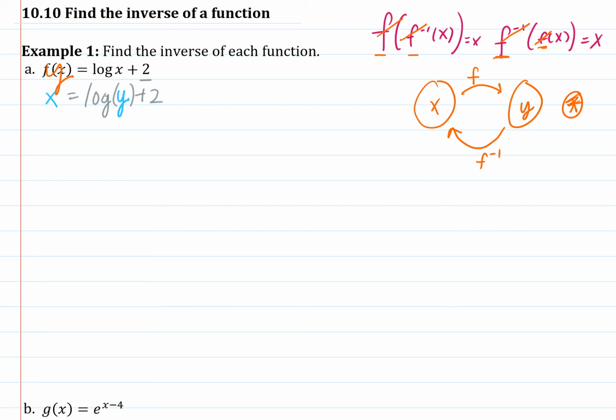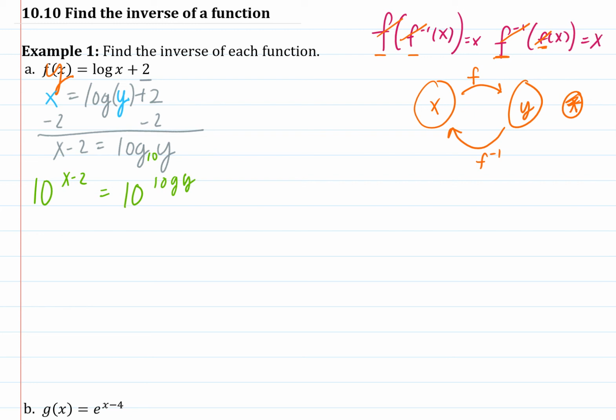Now, of course, this looks goofy because it's not solved for y. So let's solve for y. We can subtract 2 from both sides. And now, if you remember, this unwritten base is 10. So we can write both sides as an exponent of base 10.